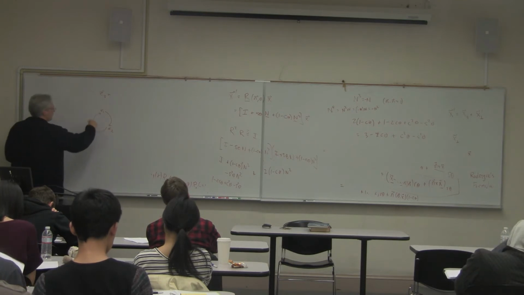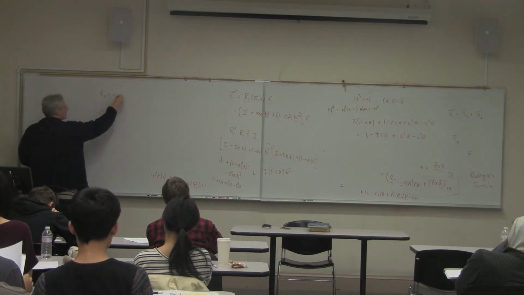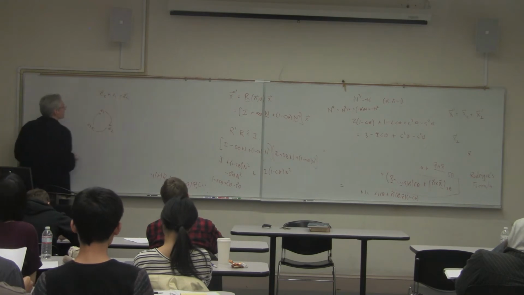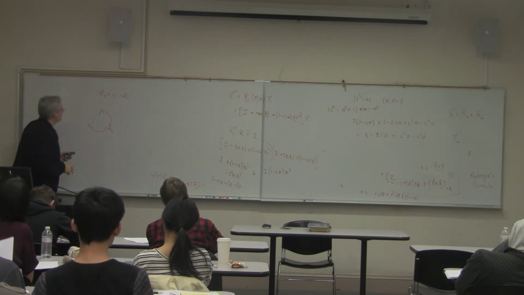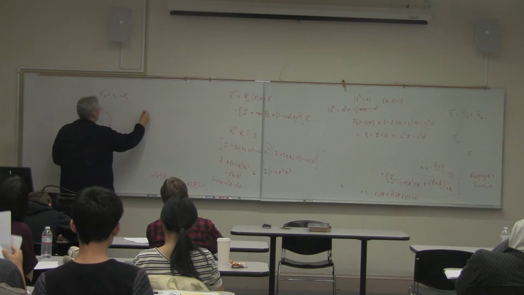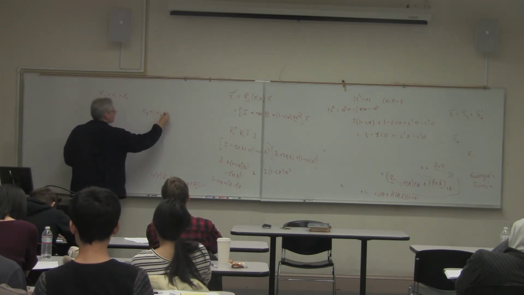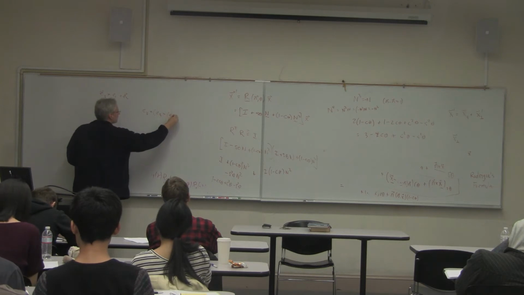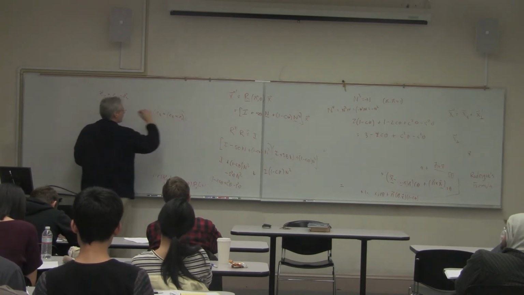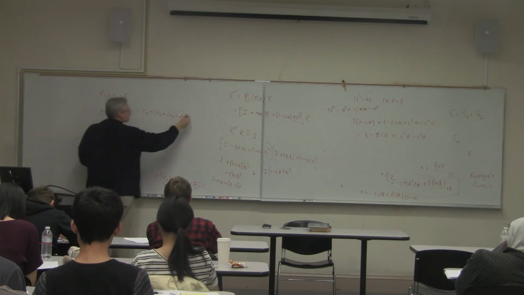So if I give you E3 cross E1, that should be equal to E2, right? And now if I say E3 cross E3 cross E3 cross E1, we can ask, what is that?